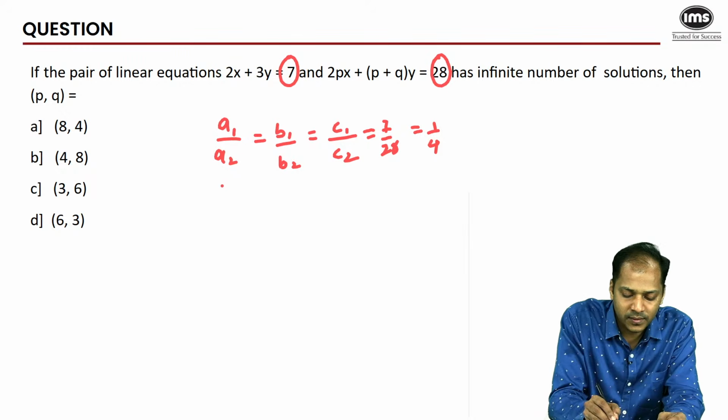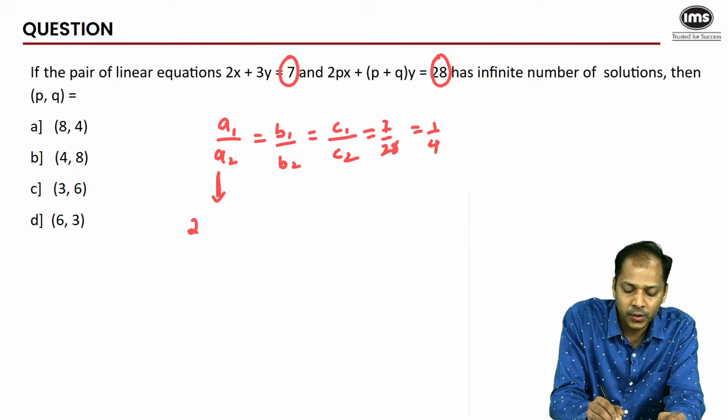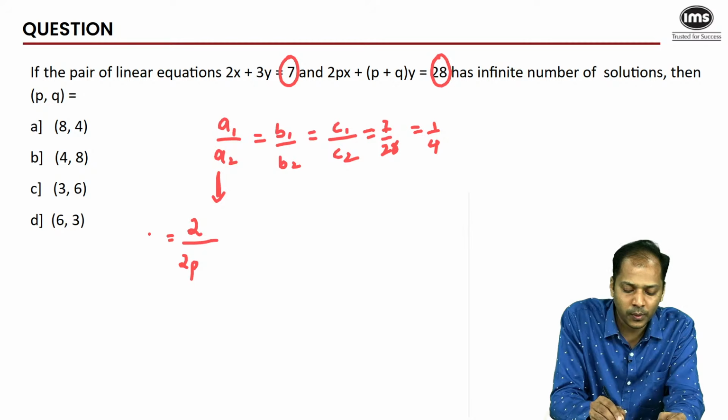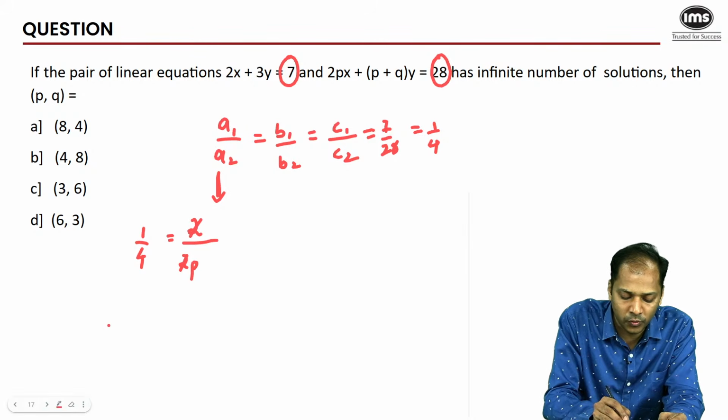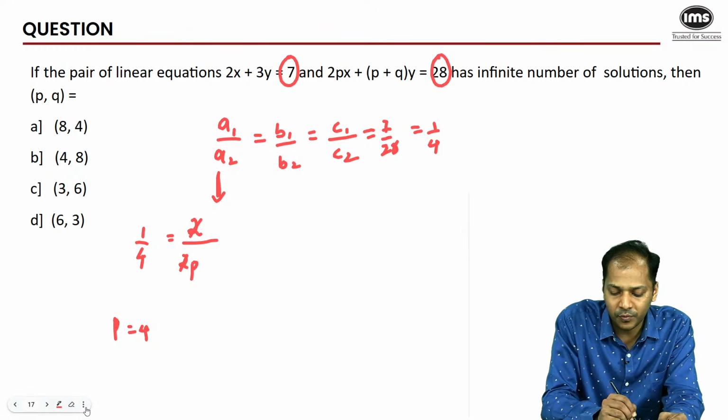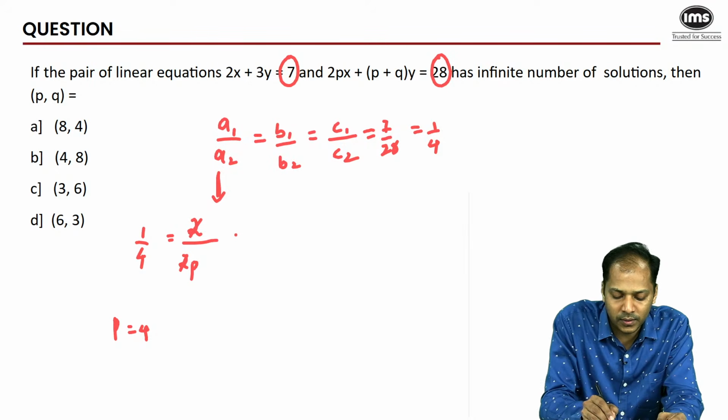So solving this one we'll get 2 upon 2p is also 1 upon 4. Clearly p comes out to be equal to 4. And if p is 4, 1 by 4 should also be equal to 3 upon (4 plus q).